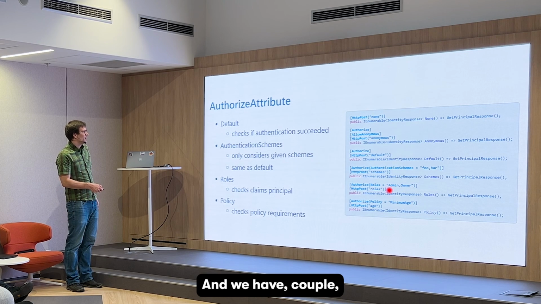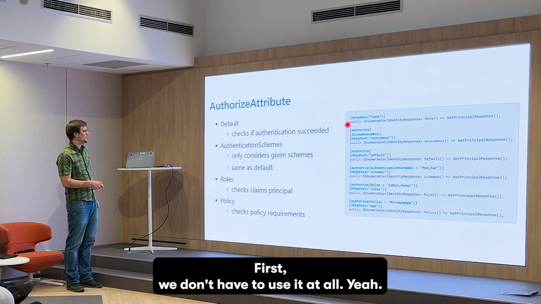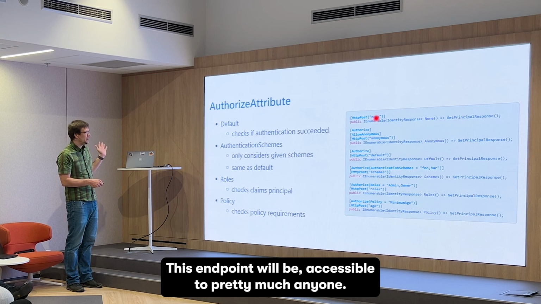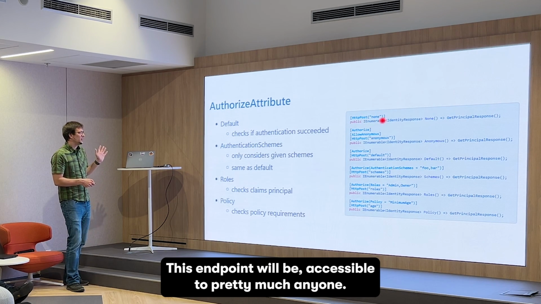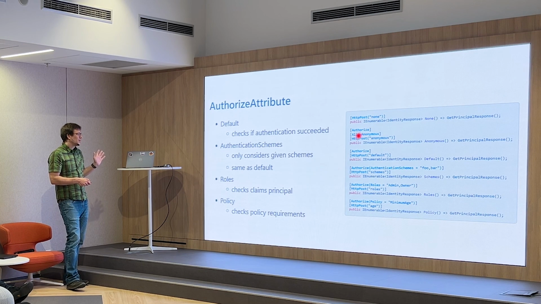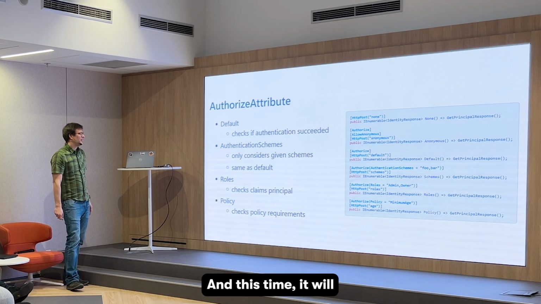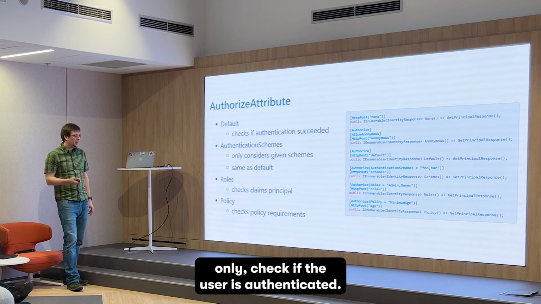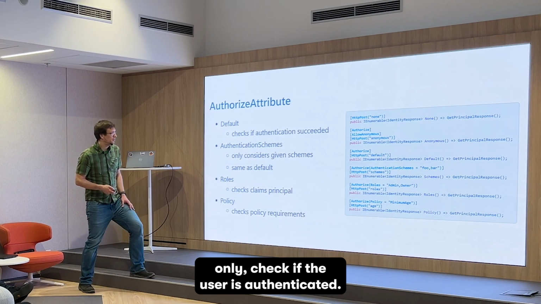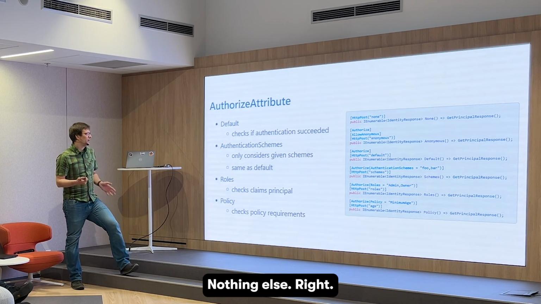And we have a couple of default ways to use it. First, we don't have to use it at all. This endpoint will be accessible to pretty much anyone. Then we can just use Authorize, and this time it will only check if the user is authenticated, nothing else, right?